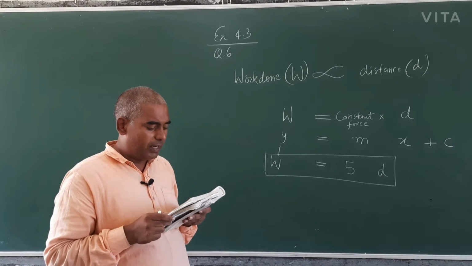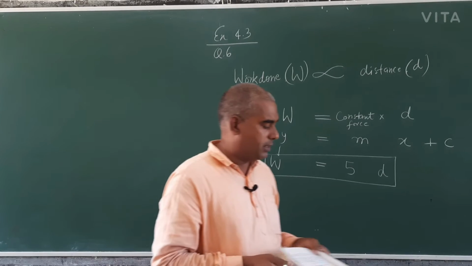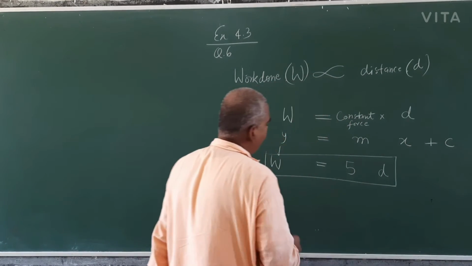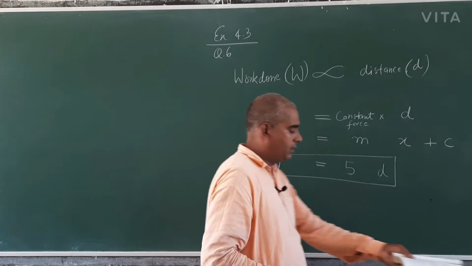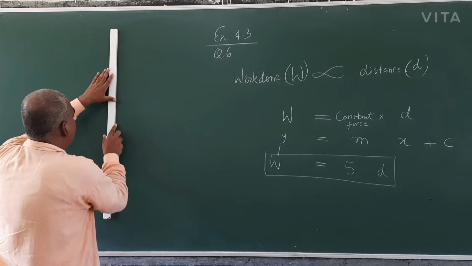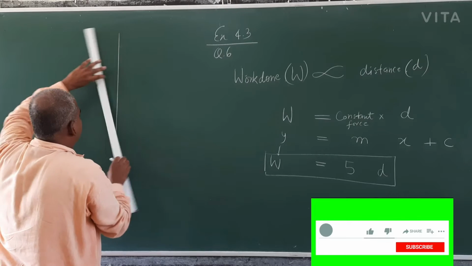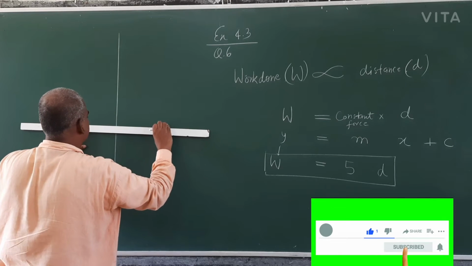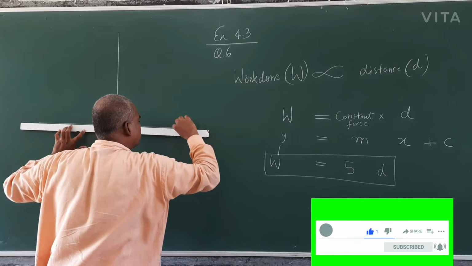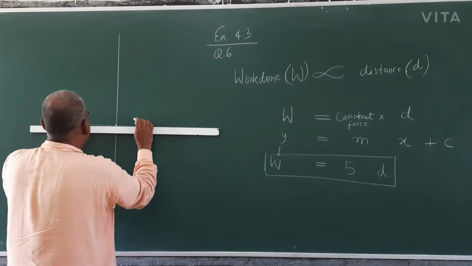Also read from the graph the work done when the distance traveled by the body is 0 units and 2 units. So you have to draw this graph with those 2 points. So we will make the axes, x axis and y axis. Take 1 centimeter.